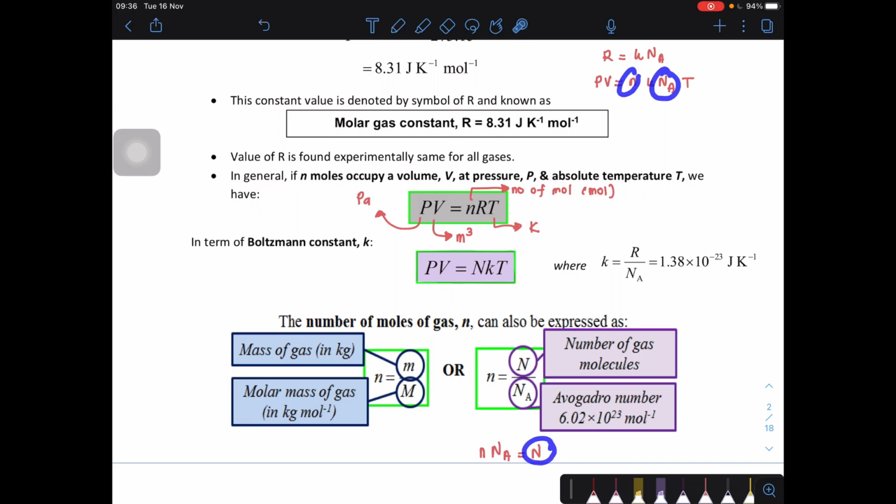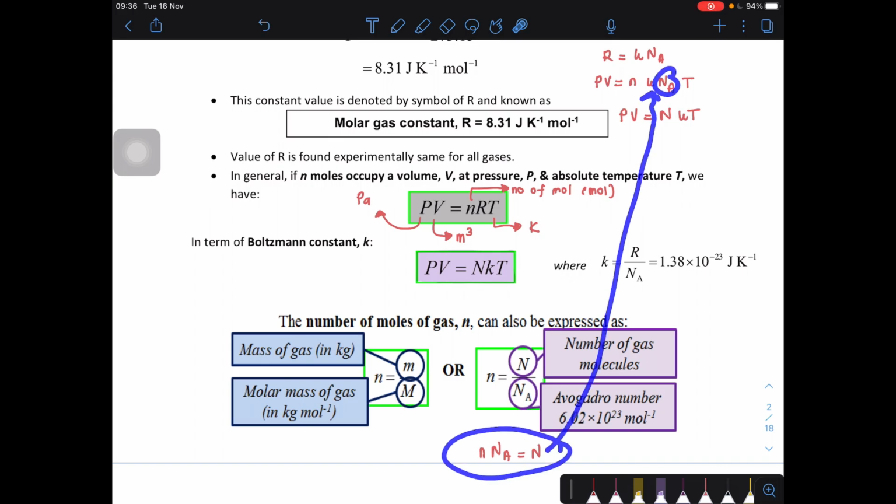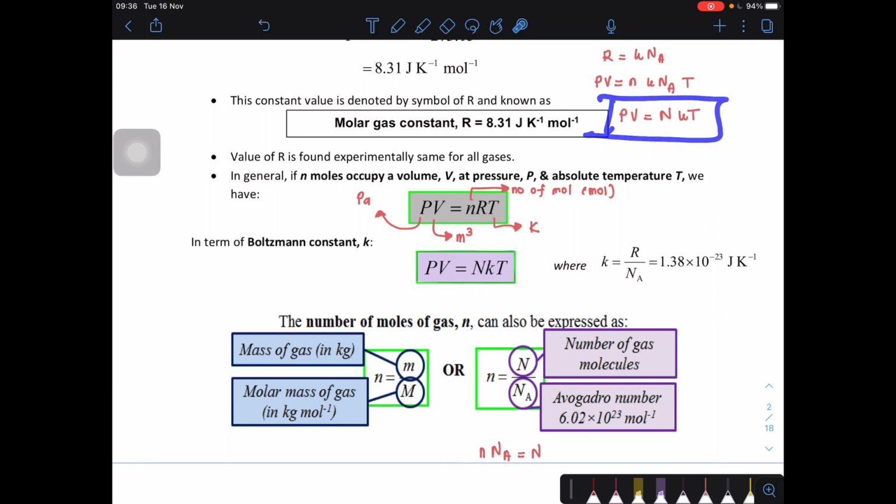So we will substitute this into PV is equal to nkNAT. NA times n is equal to capital N. That's why we get a new equation for the ideal gas law, which is PV is equal to NkT.